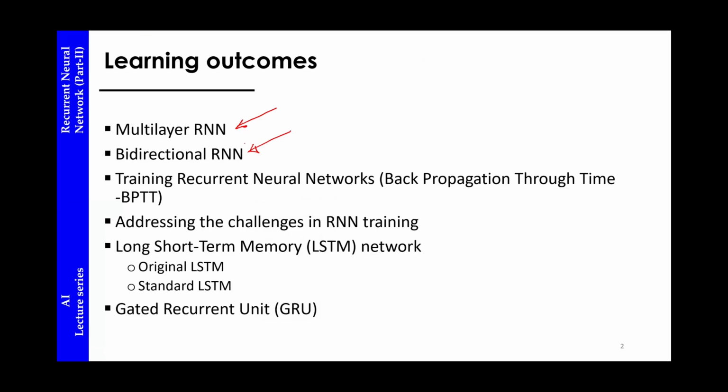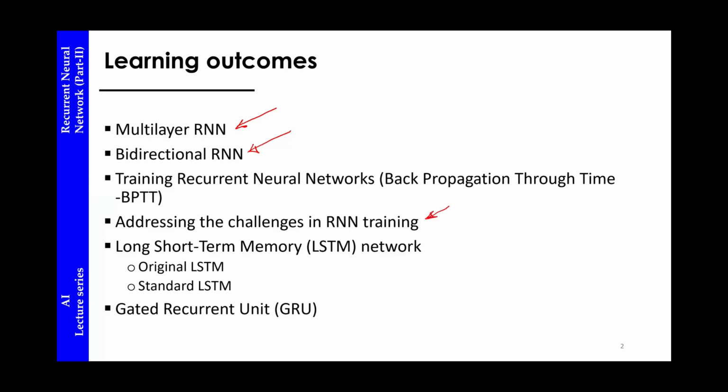Then I will discuss the training of recurrent neural networks using the backpropagation through time, BPTT, method, and the challenges that we will encounter during training, along with some mathematical insights into the issue.